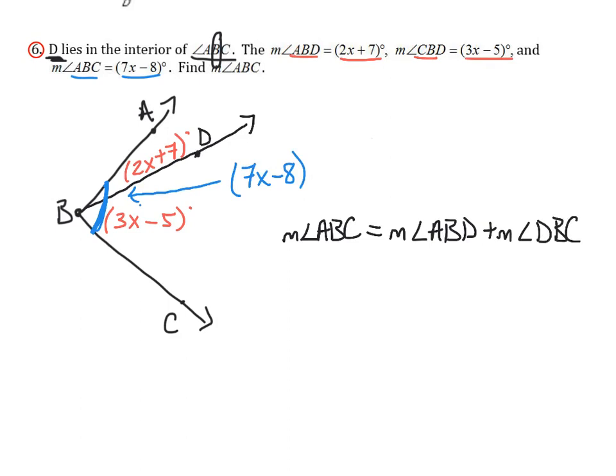Once you have your equation set up, fill in everything you know. ABC, 7x minus 8, the large angle. ABD, 2x minus 7, and DBC, 3x minus 5. Take a second, see if you can solve this equation on your own, and I'll reveal the answer in a couple seconds.